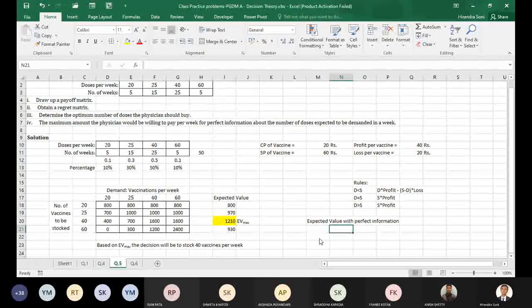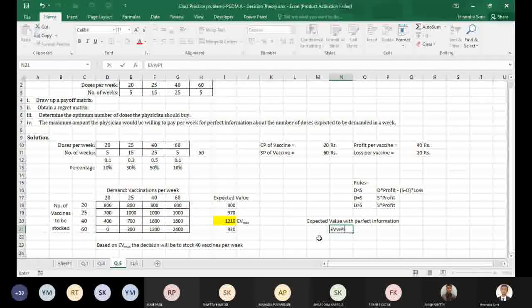It is called as EV with perfect information.